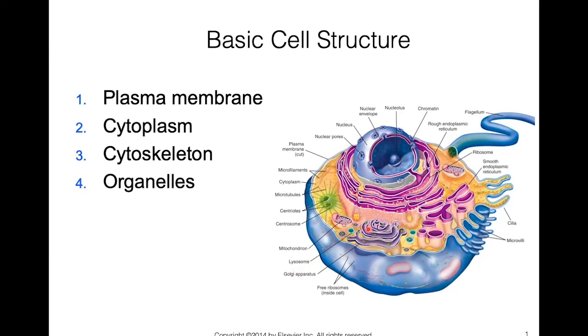Inside the cell, we have cytoplasm, the jelly-like medium that suspends everything and allows for movement within. The cytoskeleton also allows for movement, but also maintains structural support. And then the organelles are each doing their own job to help the cell function overall.